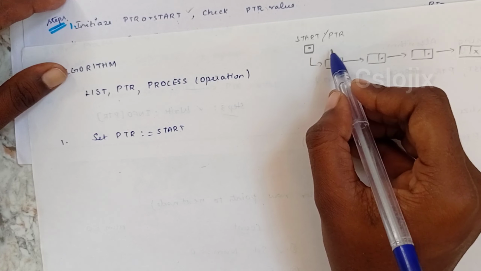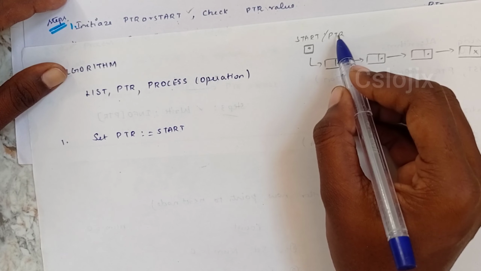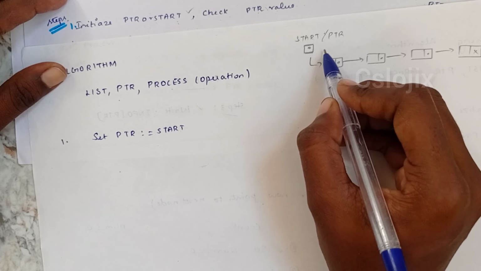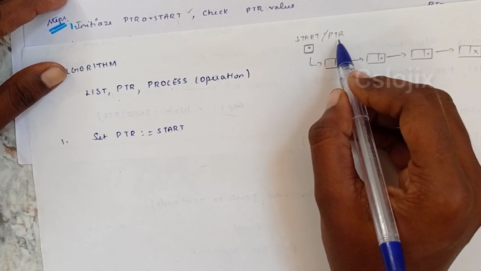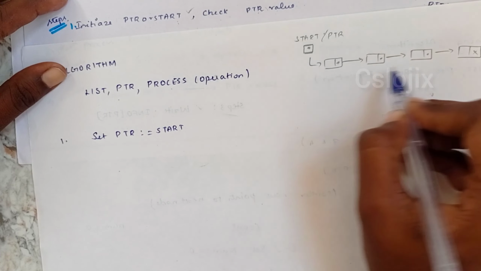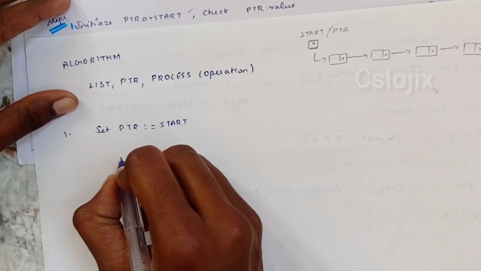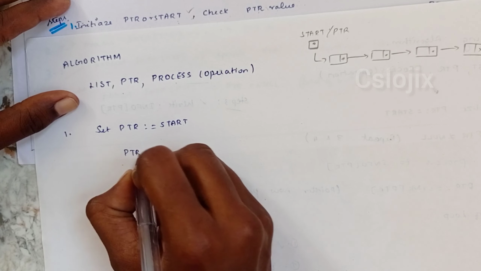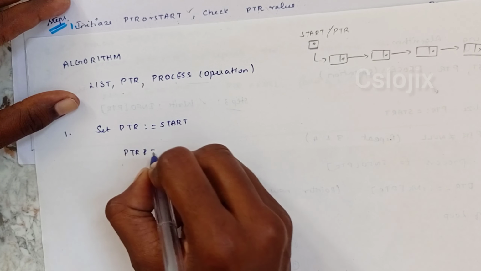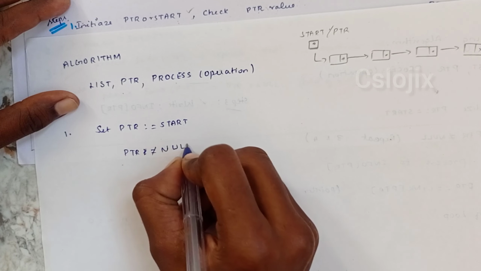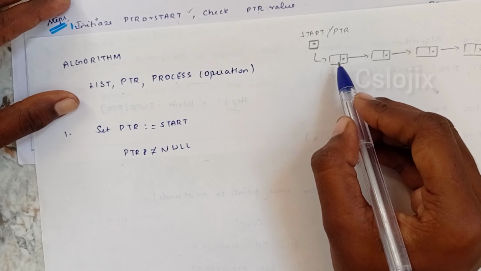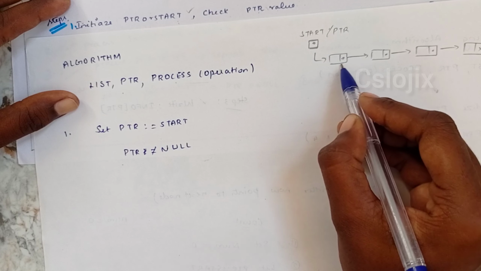Next, we check whether this pointer is null or not null. If it is null, we need to exit the loop, and if it is not null, we need to continue with the nodes. So while the pointer is not equal to null, we are going to process this information part.